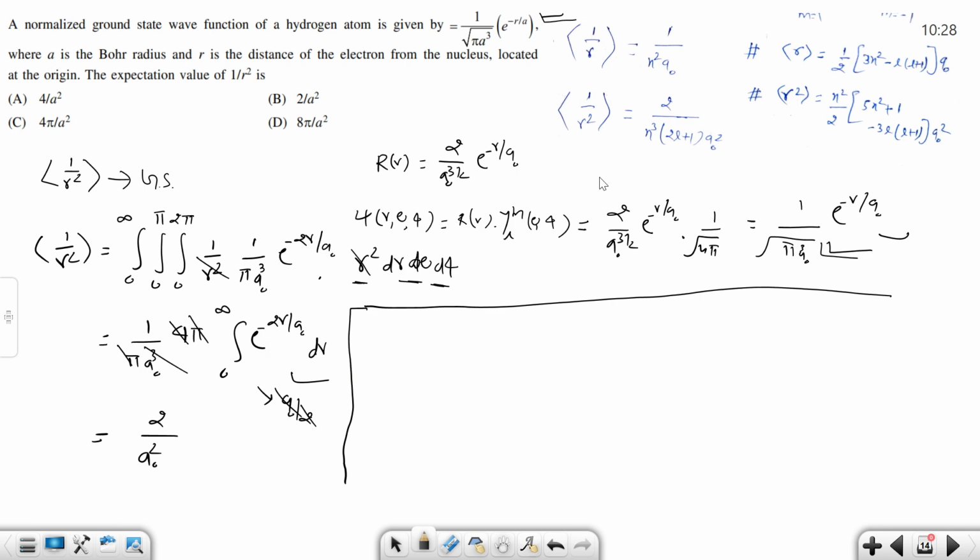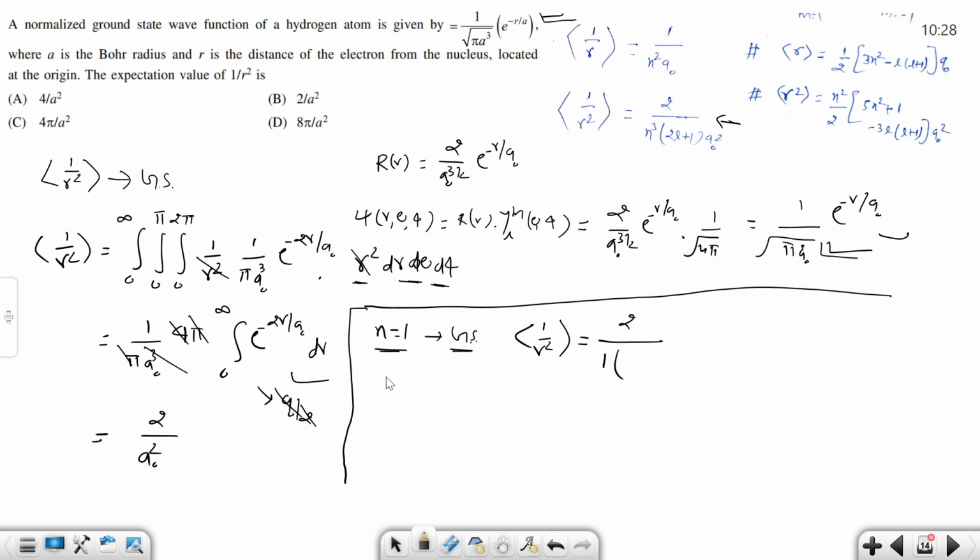So what we can do, we can use these tricks: the expectation value of 1 by r is 1 over n square a naught for any state. n represents the state. Similarly for r square, 1 by r square. You can deal. Suppose for n is equals to 1. For this particular case, n is equals to 1 is the ground state, right? And what we need to find out? Expectation value of 1 by r square. So this formula I can directly use. See, 2 divided by n is equals to 1.